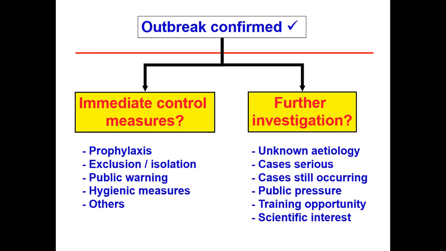So you keep them for the longest incubation period possible for that particular disease. A typical example is Ebola. Ebola's incubation period was 2 to 21 days, the median being 7 days, the longest being 21 days.